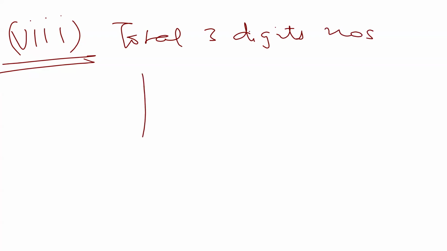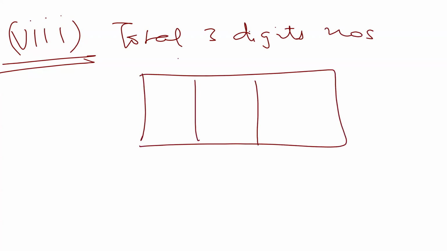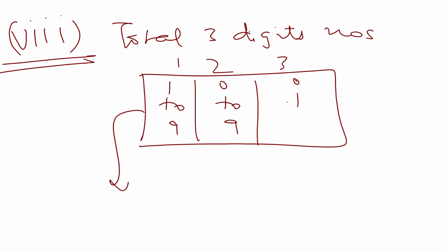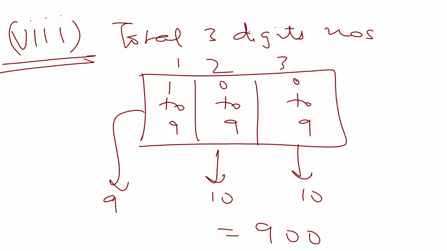So see, total three digit numbers, without any restriction. So this will be 1 to 9, 0 to 9, 0 to 9. 9 ways, 10 ways, and 10 ways. So these are total 900 numbers. Step 1.